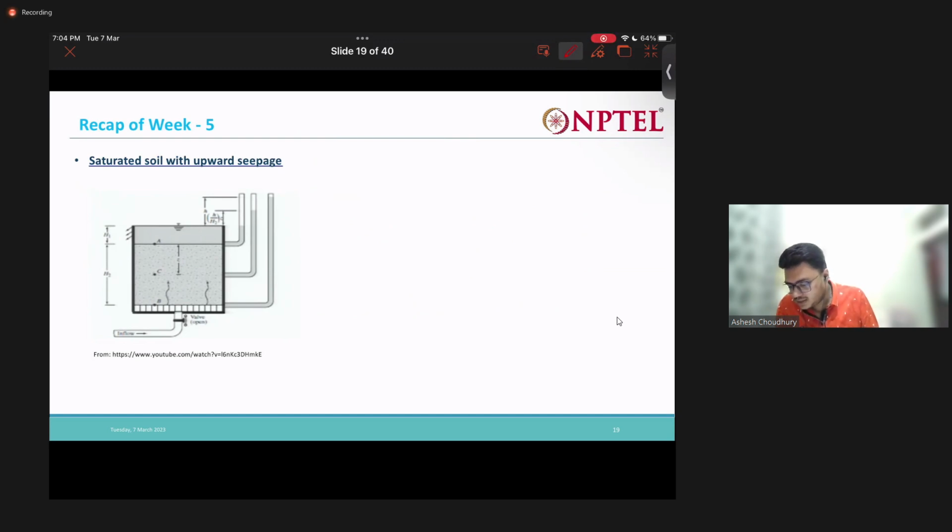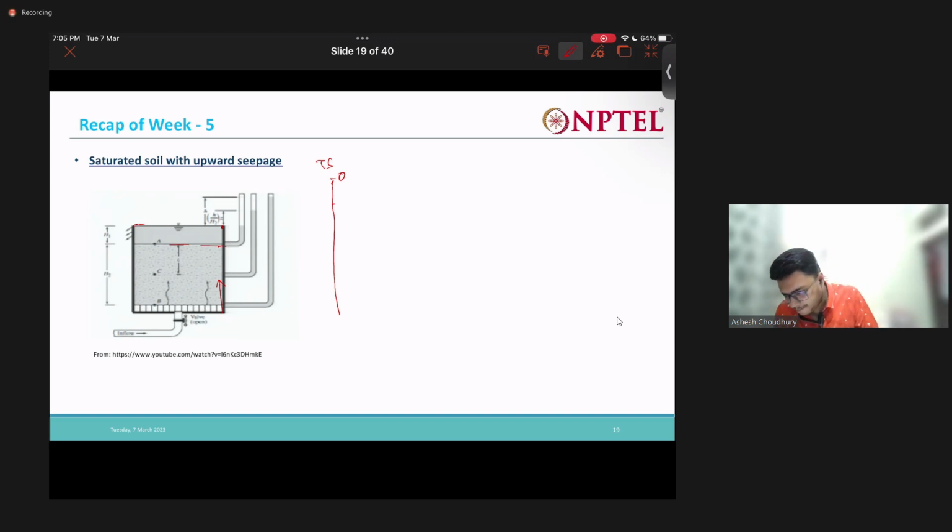Now the next case is when seepage is there. Actually, when seepage is there, here we have higher head, here we have lower head. So seepage is coming from bottom to top, upward seepage. Similarly we can write, at this point what is my total stress? It is 0.